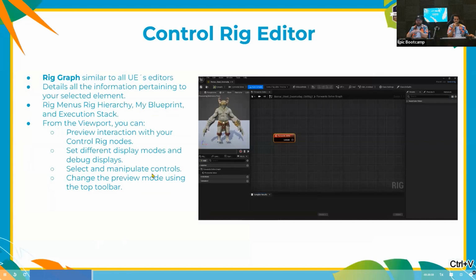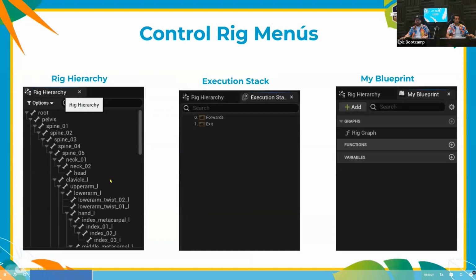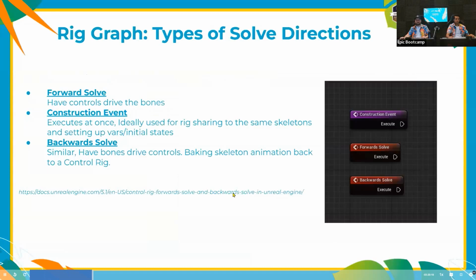As I was mentioning, we have the graph, which is all of this here. We have the rig hierarchy, we have the execution stack, and we have My Blueprint, where we will be working with variables and functions.